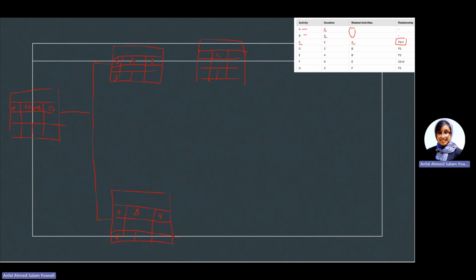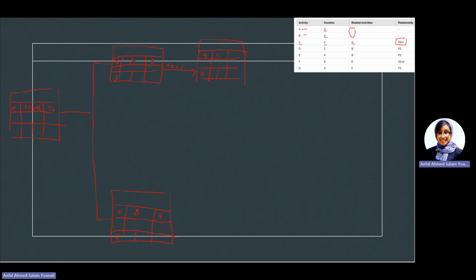Before we do that, C has duration 2. So what does that FS plus 1 mean? Meaning I'm supposed to finish A and then I can start C. However, it is considered as FS plus 1, meaning you can only start this in day number 4.